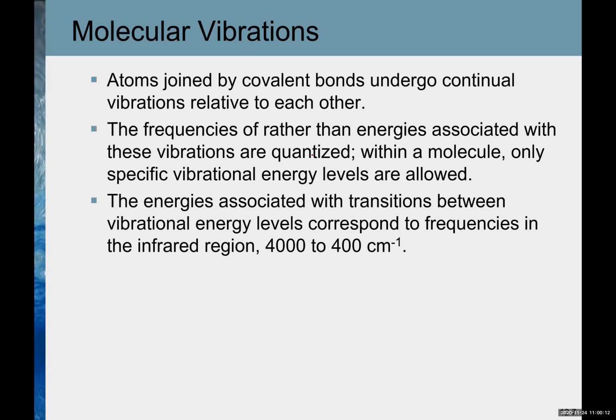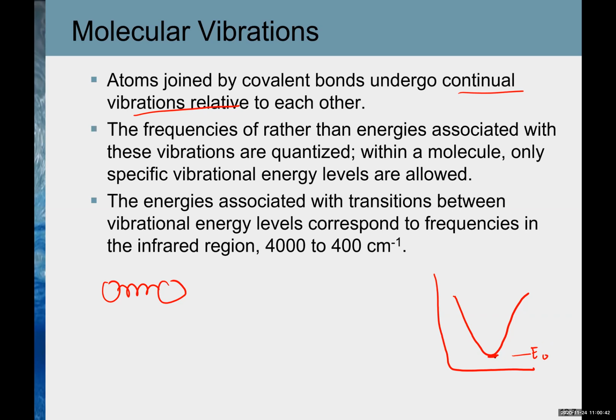So we already have learned that covalent bonds undergo continual vibrations. That's the one I was discussing earlier, that covalent bonds are kind of like a spring and they vibrate. The energy is quantized, meaning going from one level to another. So that's the optimum distance. That's the lowest energy.